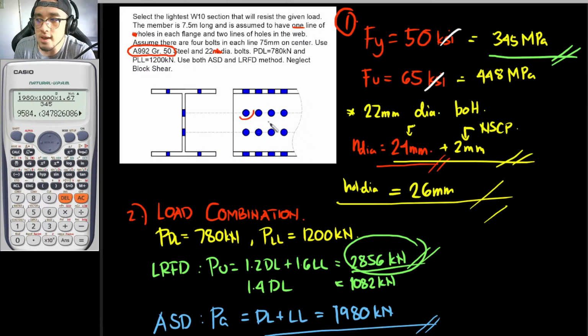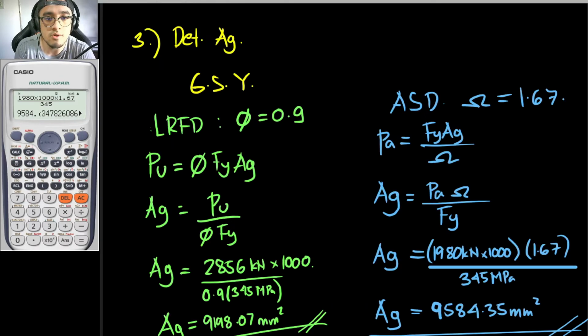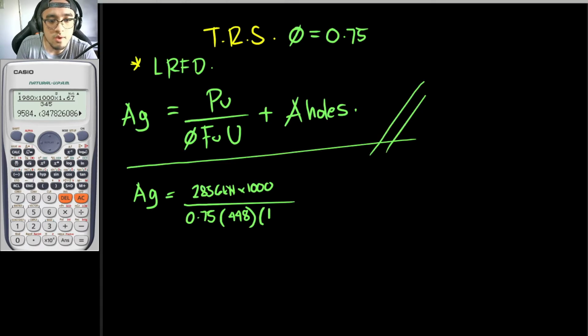And as you can see, guys, in this part right here, all of the bolts are fastened about every member of your section. So it may be this flange right here, this flange, this webs, this flange, this flange. So they are distributed. So with that, guys, we would be making use of this shear lag factor right here, which is 1.0. So from that, this is to be 1.0.